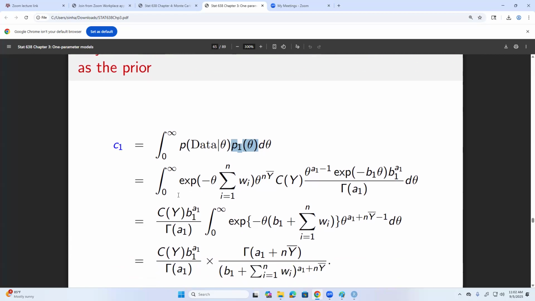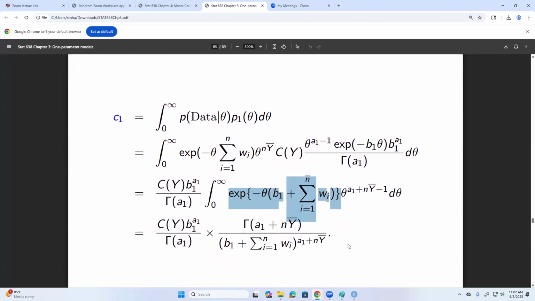When you integrate theta from 0 to infinity, it looks like a gamma distribution. So you apply the gamma integration, and you get this following formula. Now things are very easy in this context because you know the gamma integration formula.